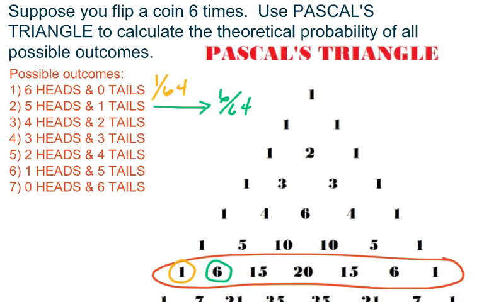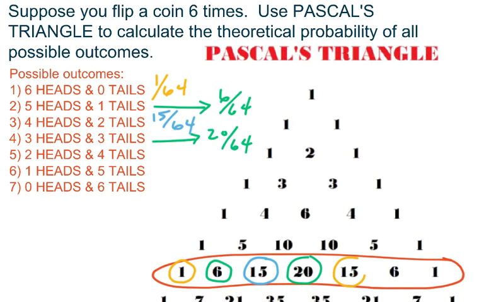The next entry, 4 heads and 2 tails, is 15 out of 64. That one will not reduce. Then we have 3 heads, 3 tails. That's going to be 20 out of 64. That will reduce down to 10 out of 32, and reduce again to 5 out of 16.